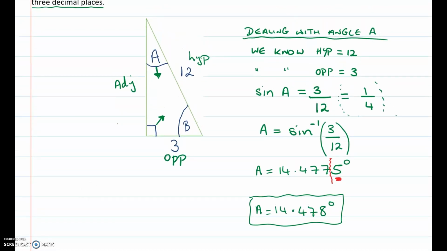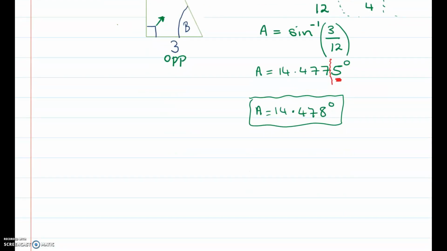Okay, so we now know that this is 90 degrees. We know that this is 14.478 degrees. We need to find B. Well, remember, if you know one of the angles and you know the right angle, it's easy to find the third angle. You just subtract from 180. Okay, so to find angle B, we just make that equation 180 degrees.